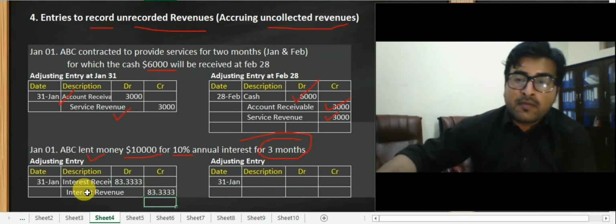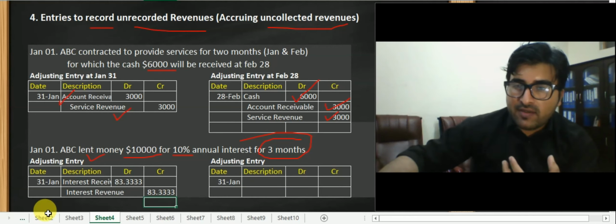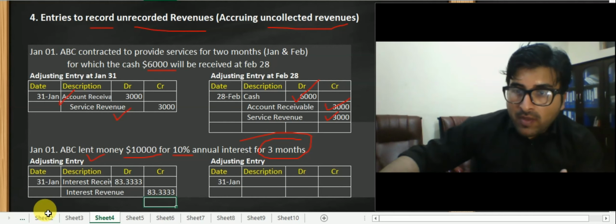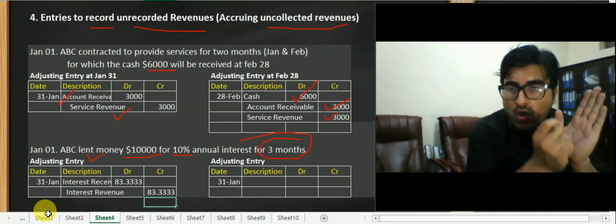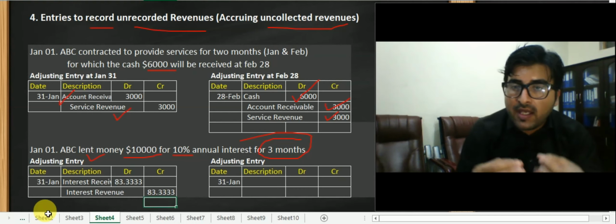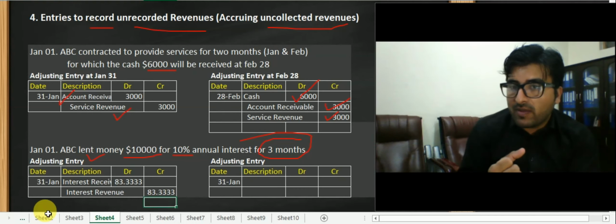Okay, so how much? 83.33. Dear students, you have lent money for the purpose to earn interest, but after 1 month the money is just earning for you. So you have earned the interest, but you have not yet received. As per the contract, you may receive the interest at the end when you collect your receivable at the end.